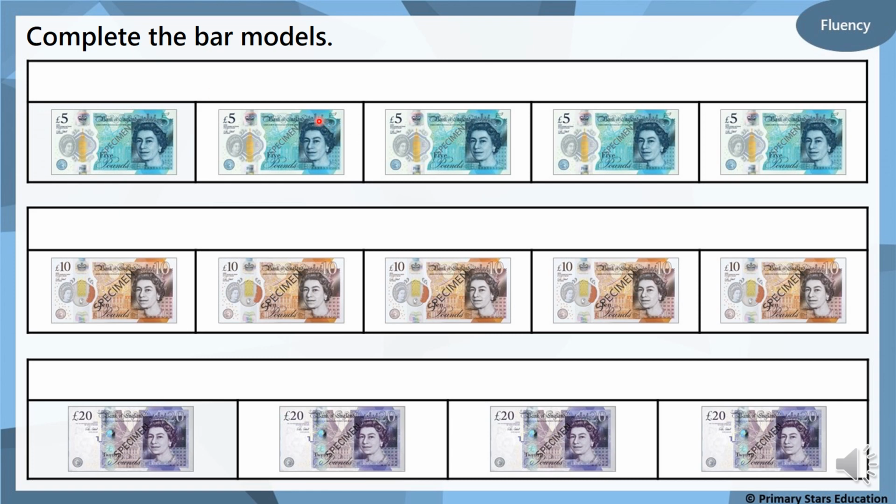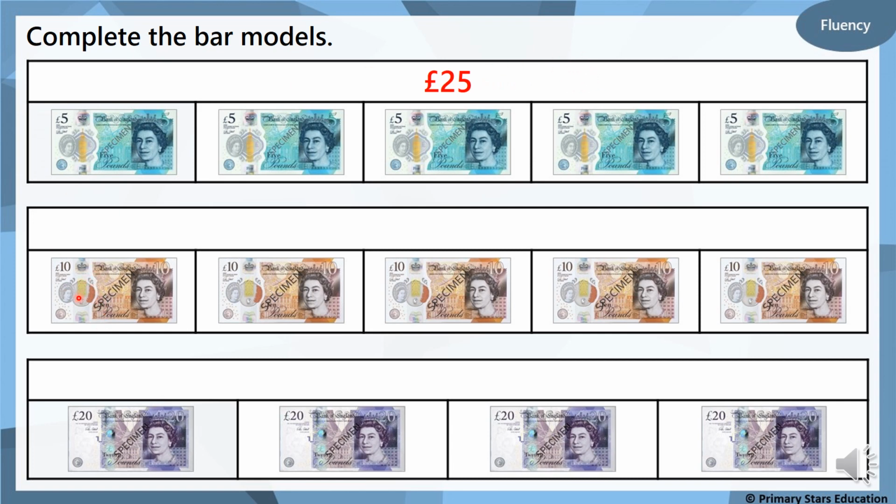More bar models, but using notes. 5, 10, 15, 20, 25. That's £25 going in the top part that shows the whole amount.